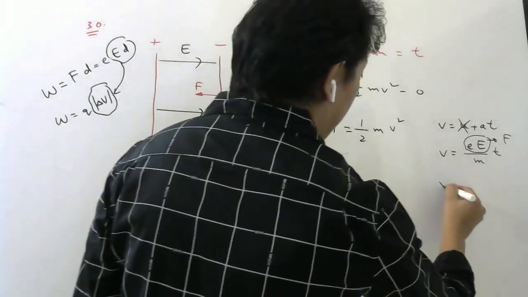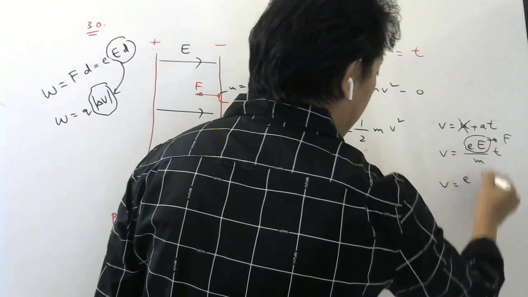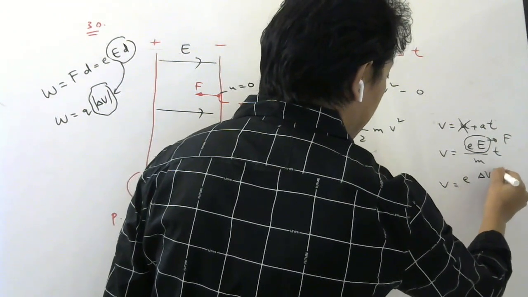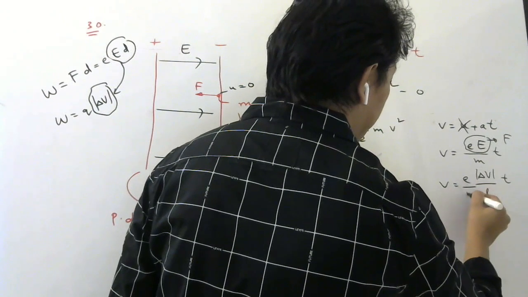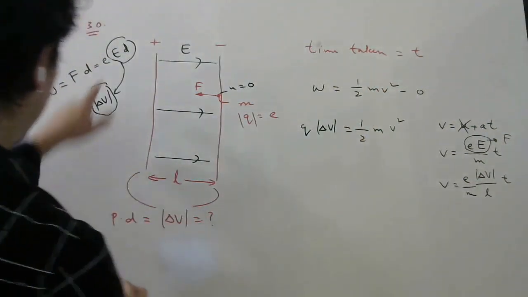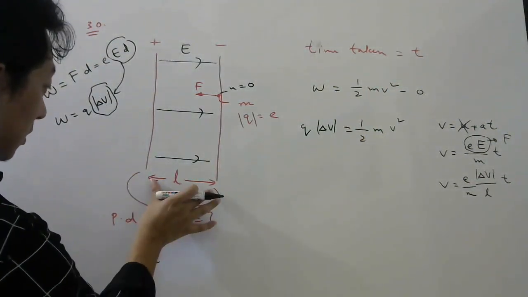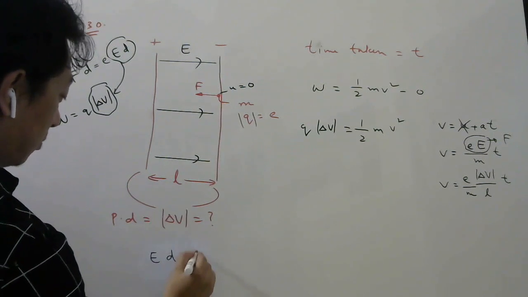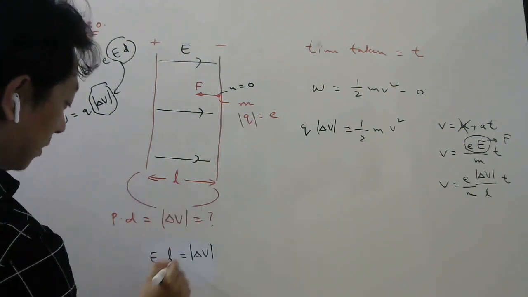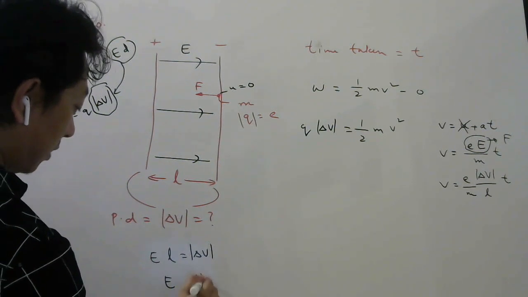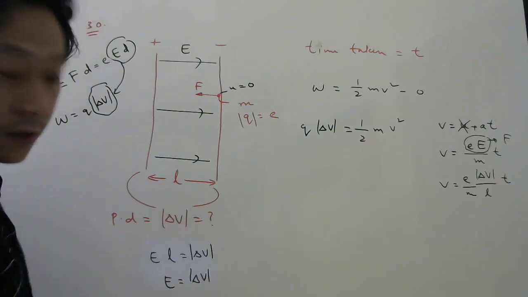Then I can write this capital E as potential difference divided by length, right? Because just now I told E into this distance is potential difference. Here this distance is given as L. So in place of E, I can write potential difference divided by length.